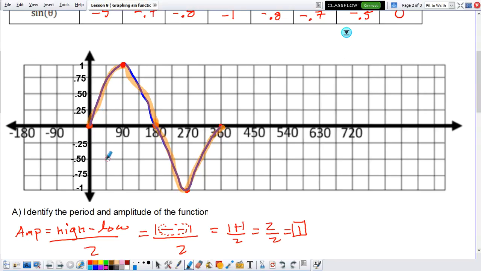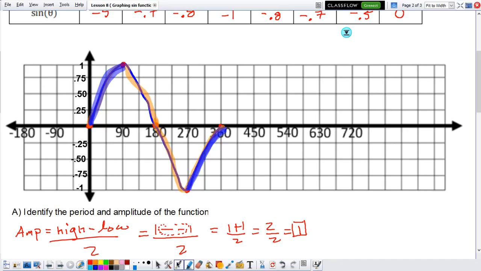Notice that here in this interval, let's do this in blue again, my graph is increasing until it reaches this point. After this point, the graph is decreasing. Then once it reaches this point, it starts increasing again. So in these blue intervals, these are the intervals where your graph is increasing.